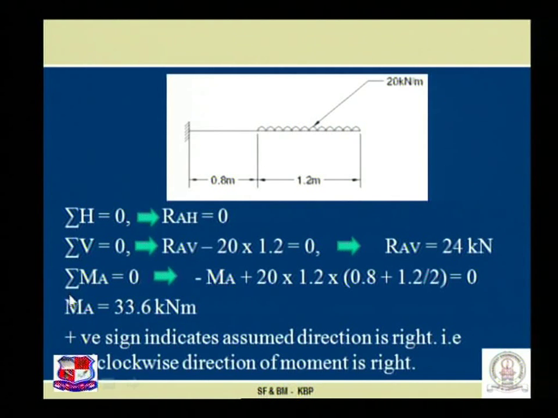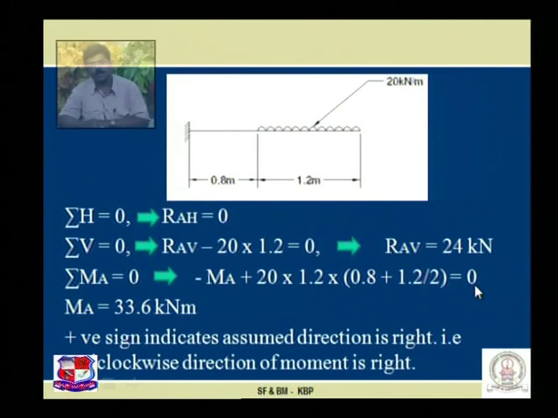Taking the third equilibrium condition, sigma MA is equal to 0. Summation of all the moments of the forces at A is equal to 0, assuming the moment MA acting anticlockwise, so minus MA plus 20 into 1.2, that is the load, multiplied by the distance 0.8 plus 1.2 by 2 because my CG is over here, is equated with 0.